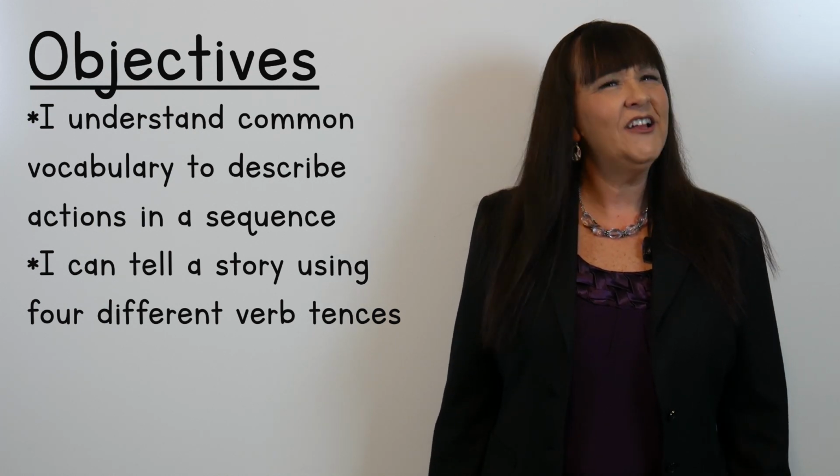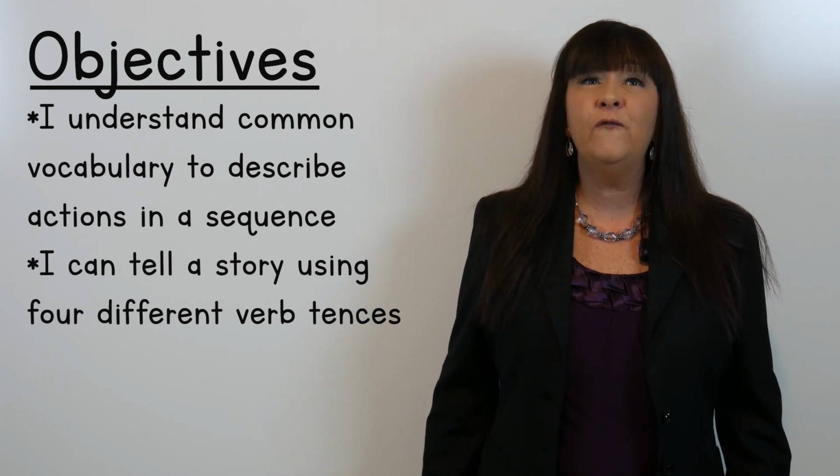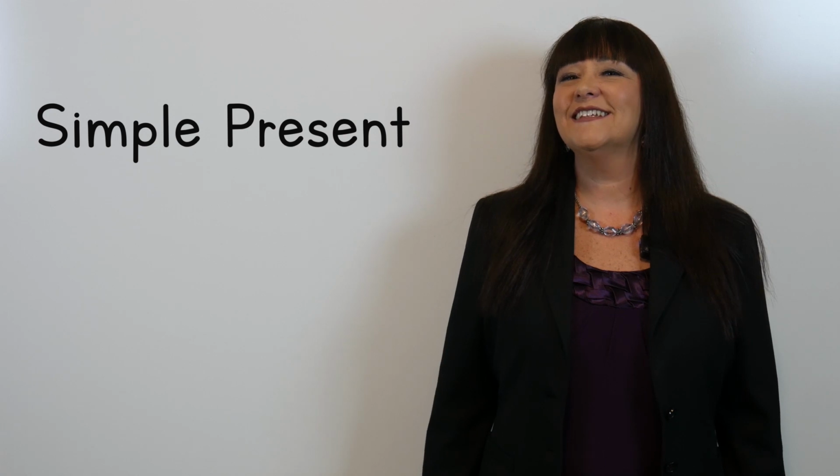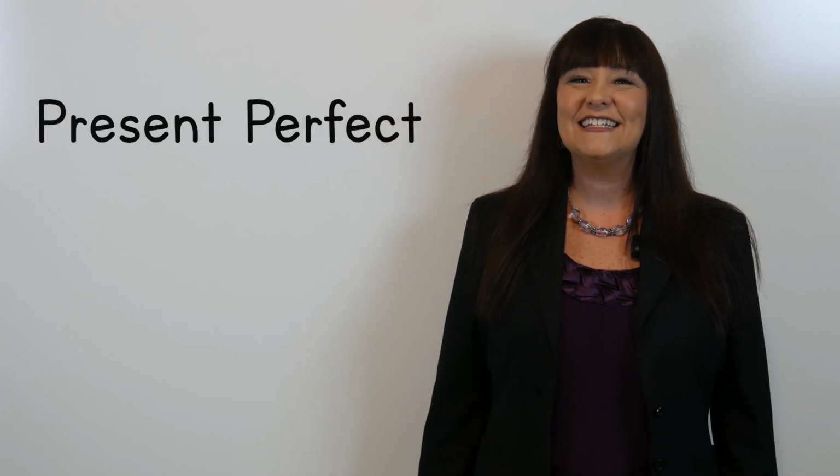Can you tell a story using 4 different verb tenses? Can you tell the story in the simple present, in the present continuous, in the simple past, and in the present perfect? We've had some practice with that, haven't we? So for now, that's going to conclude today's lesson.